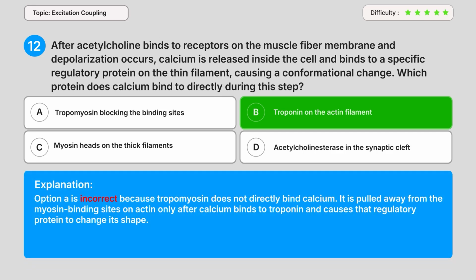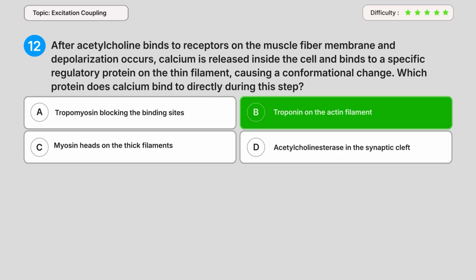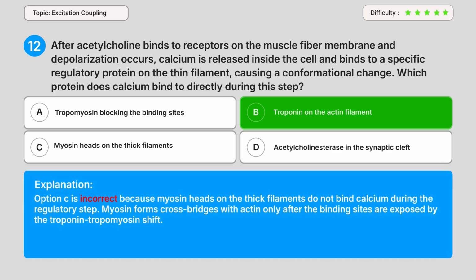Option A is incorrect because tropomyosin does not directly bind calcium. It is pulled away from the myosin binding sites on actin only after calcium binds to troponin and causes that regulatory protein to change its shape. Option C is incorrect because myosin heads on the thick filaments do not bind calcium during the regulatory step.